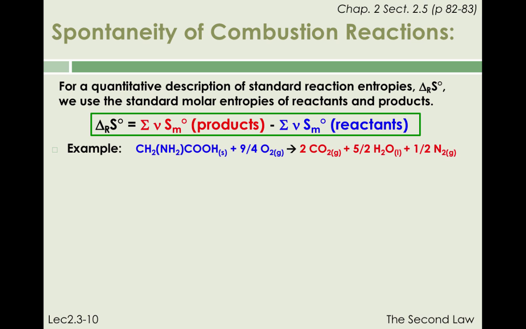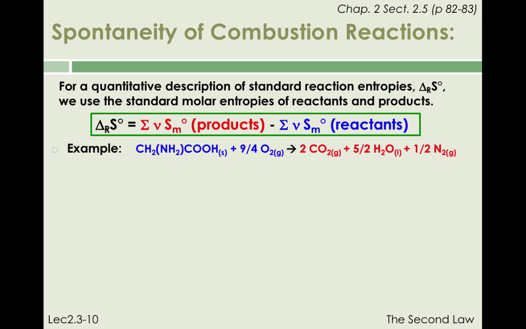Let us consider the combustion of glycine as an example to illustrate the calculation. First, we write the balanced chemical reaction equation, recalling that each hydrogen atom ends up oxidized in the form of water, each carbon atom oxidized in the form of gaseous carbon dioxide, and each nitrogen atom in the form of nitrogen gas.